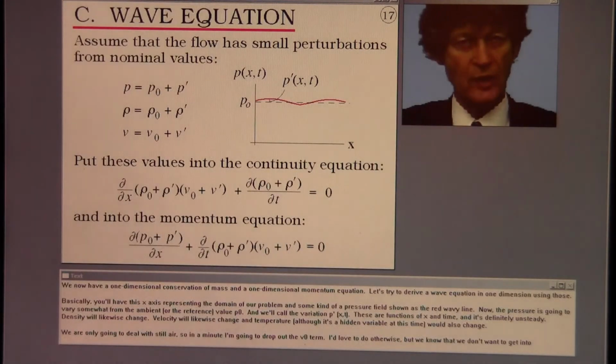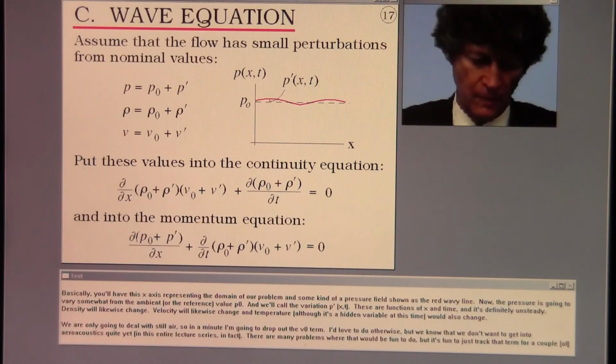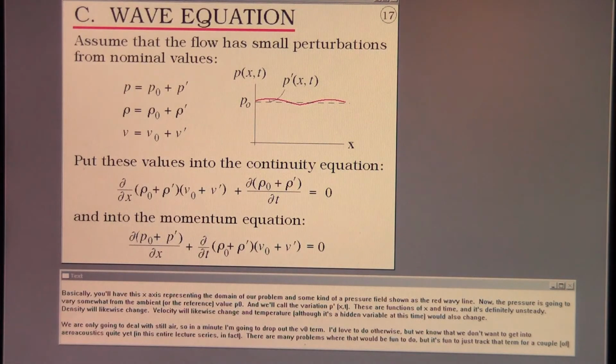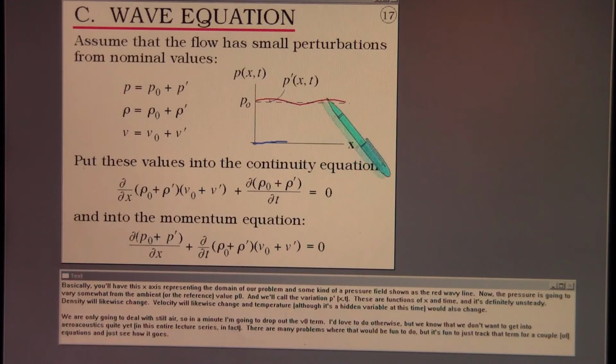We now have a one-dimensional conservation of mass and a one-dimensional momentum equation. Let's try to derive a wave equation in one dimension using those. Basically, you have this x-axis representing the domain of our problem and some kind of a pressure field shown as the red wavy line.